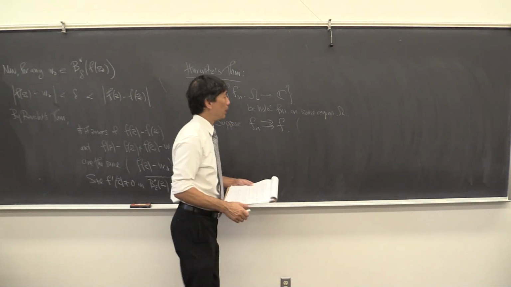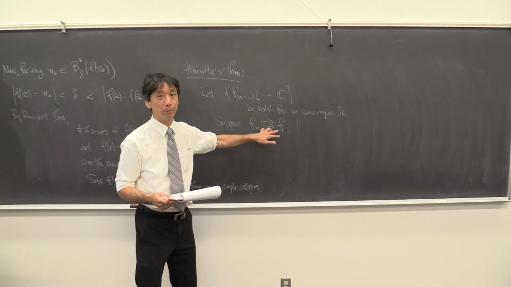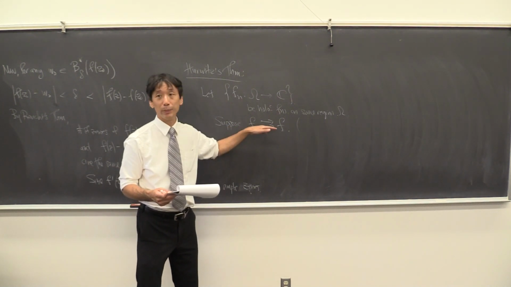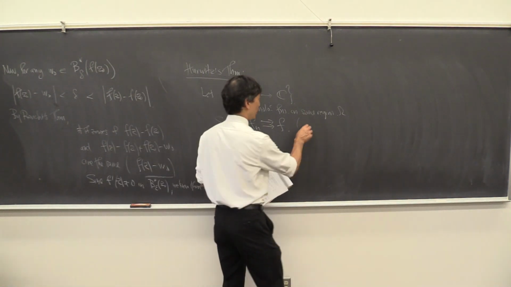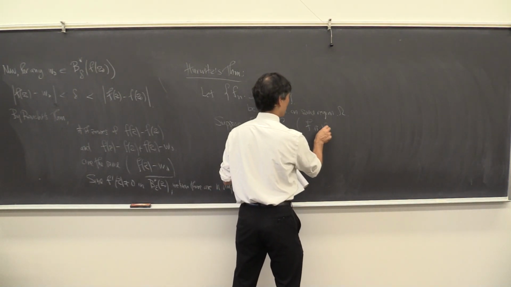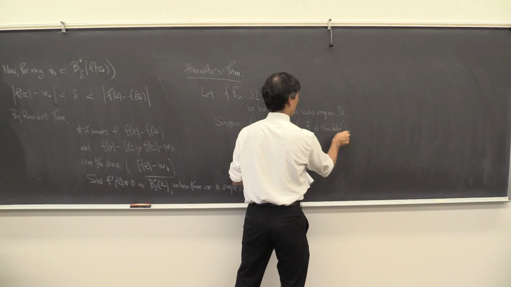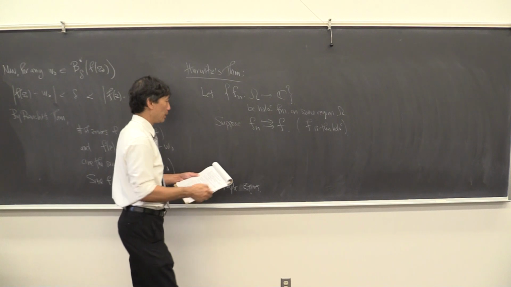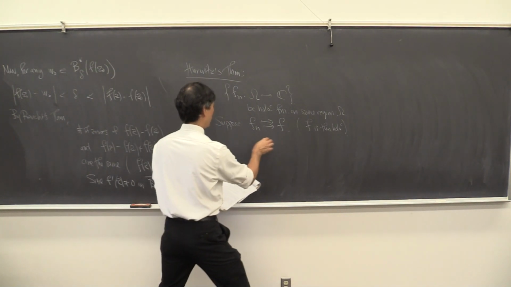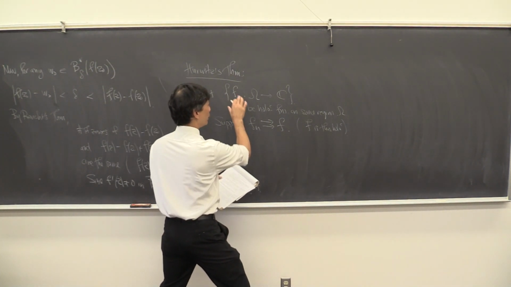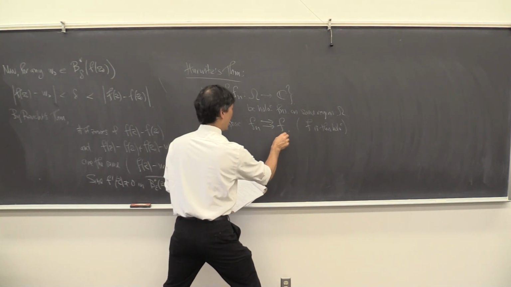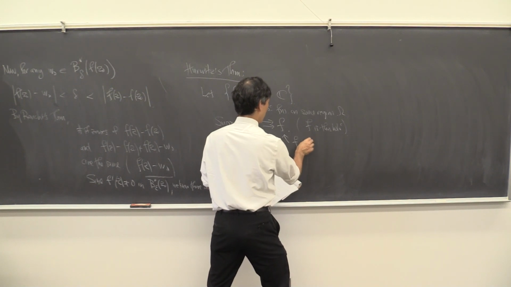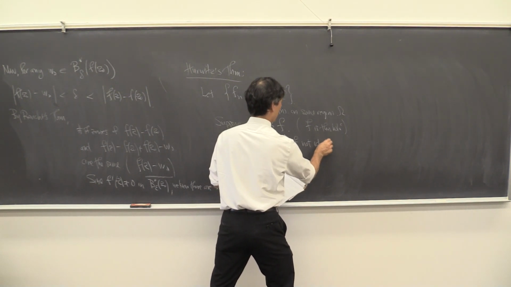So they converge uniformly on the entire region. We know that that gives us that f is holomorphic. Suppose that you have uniform convergence to some function, and that this function f is not identically 0.